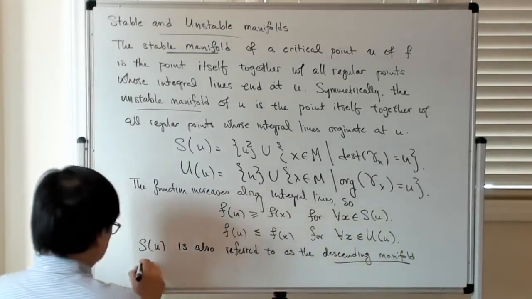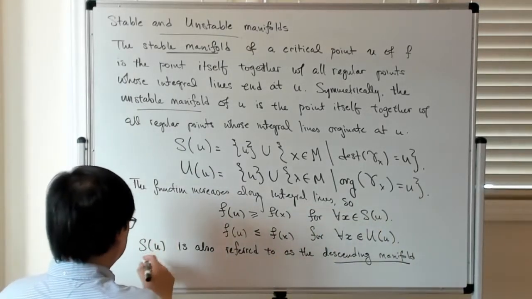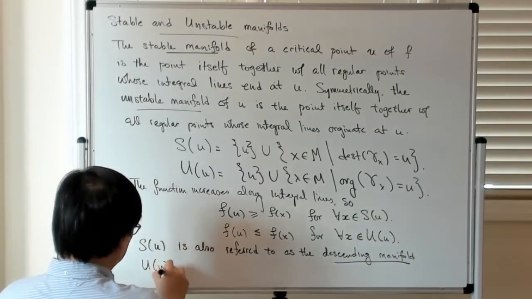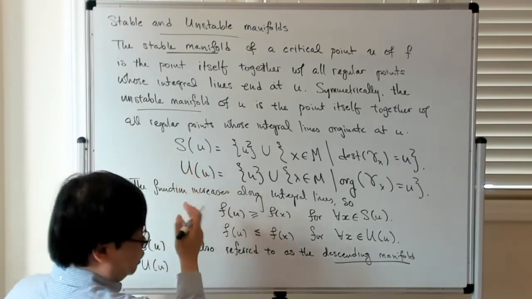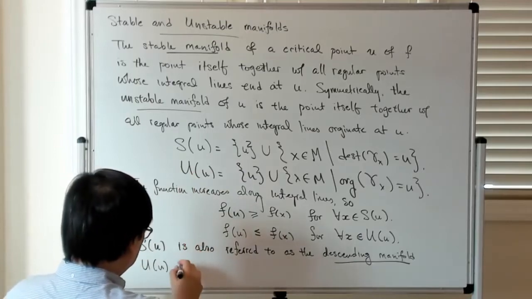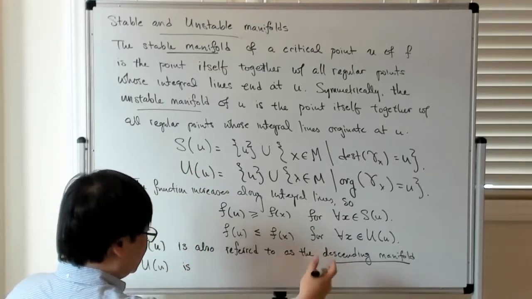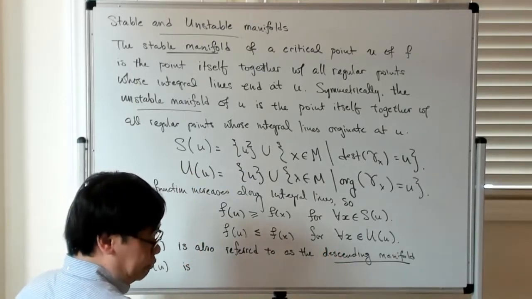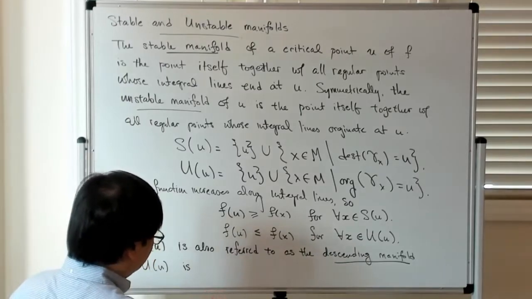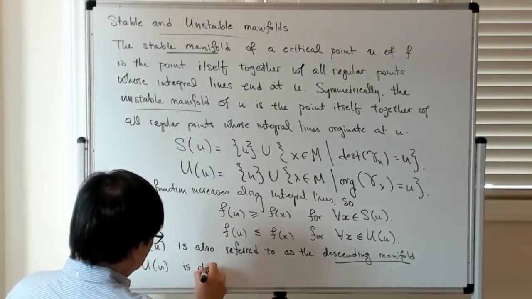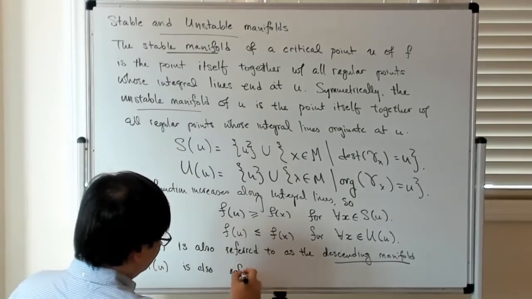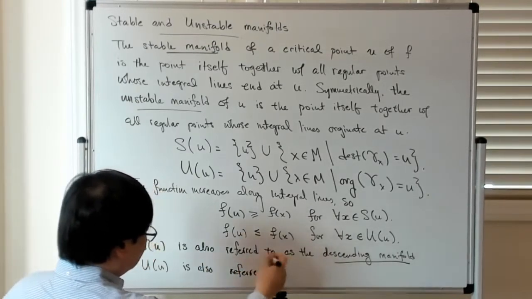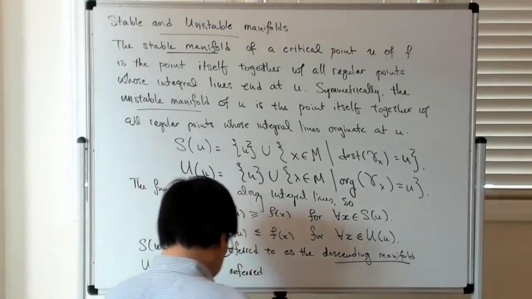And of course this is really just in the case of the dynamical system which comes from the gradient flow of a Morse function. In general, this idea of ascending and descending doesn't make sense for a generic dynamical system, but if the dynamical system comes from the gradient flow, then you sometimes have these terms instead.